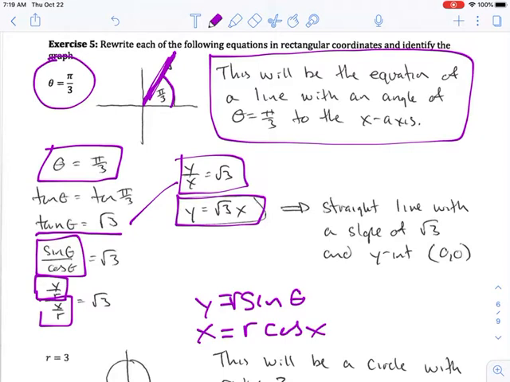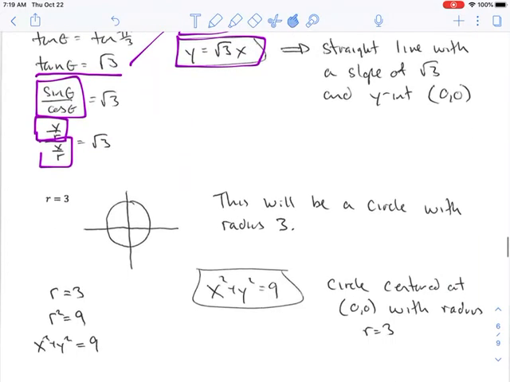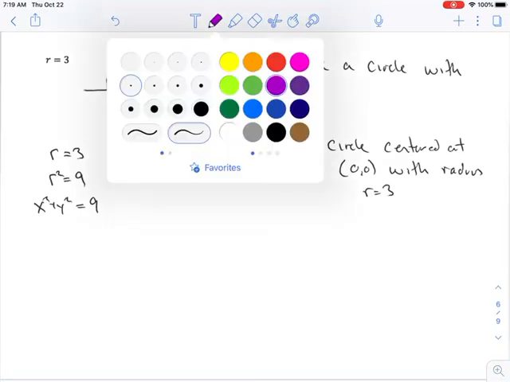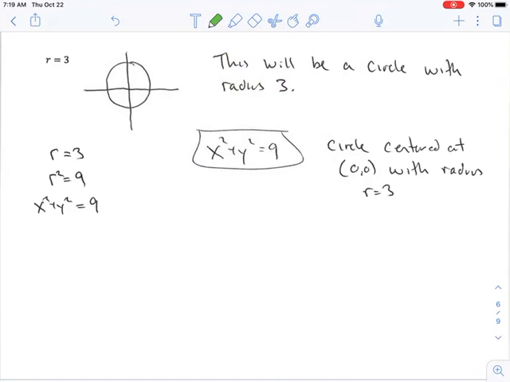All right, next up, let's take a look at a different type of equation. Here's another straightforward one. These are the types of problems that you should try to just be able to recognize. When you see r equals 3, from an intuitive point of view, you say, okay, I want the set of all the points, all the x, y coordinates that have a radius of 3 from the center, from the origin.